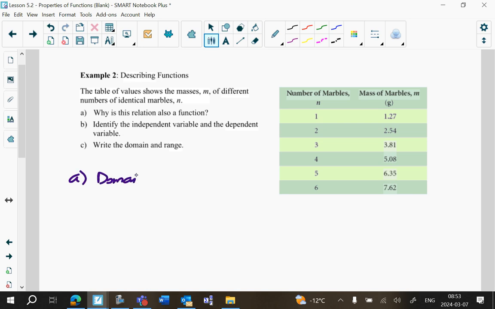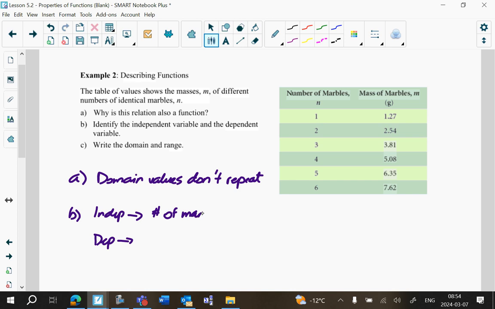And I can put values instead of elements because they're numbers. It's the independent variable. Number of marbles. What's the dependent variable? Mass.